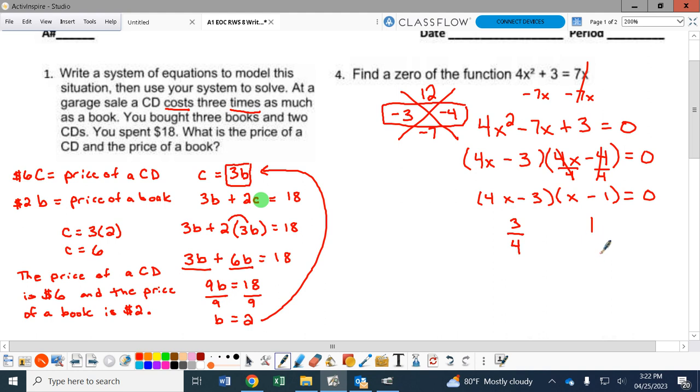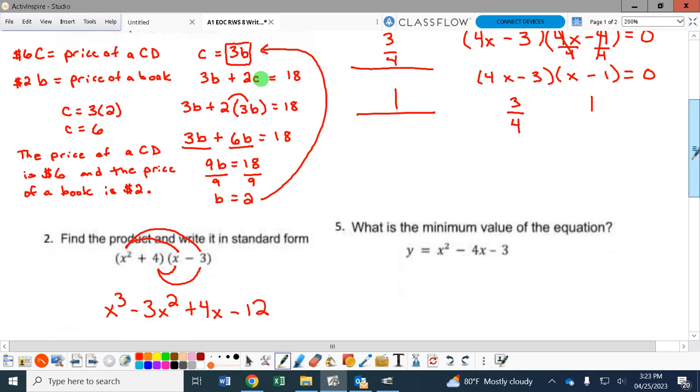We don't write that, we just write 1. Now, it says find a 0, so my guess is on the test it's going to ask for one of them, and you would either write down 3/4 as your answer, or you would write down 1. You would not write down both of them, because it asks for a 0 of the function. Be careful about that.